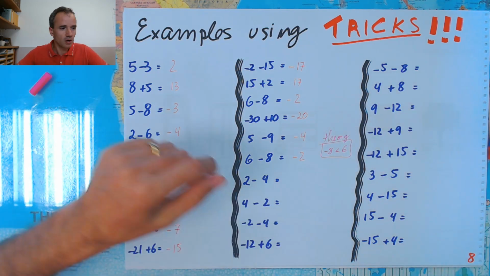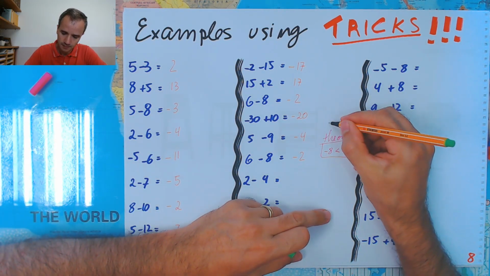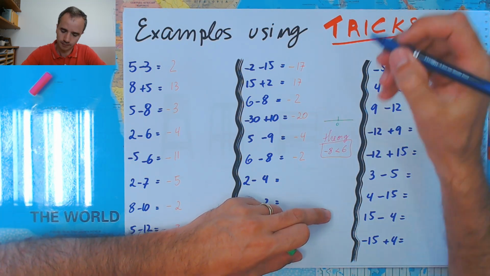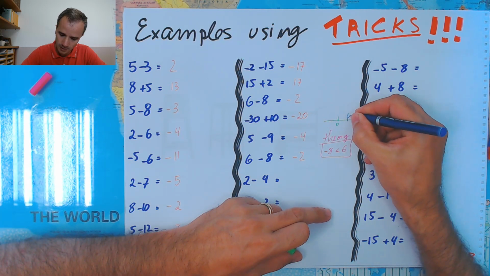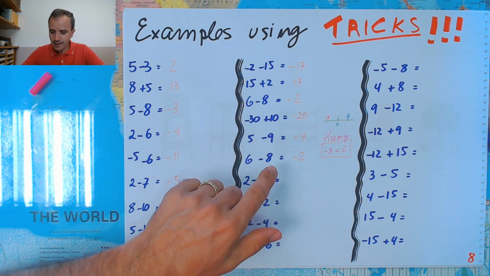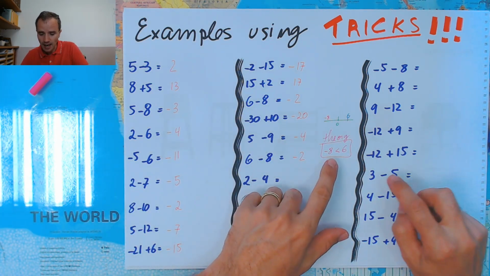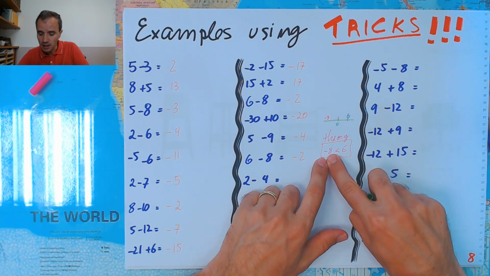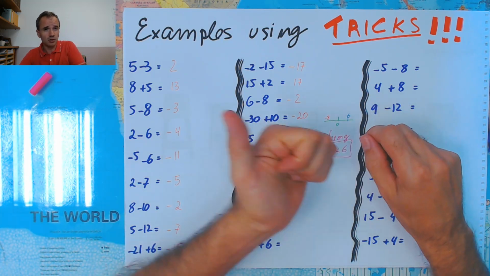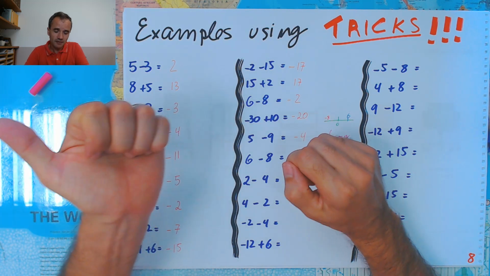If you look at the number line, this is 0, this is 6, this is minus 8. Because minus 8 is more to the left, it is smaller. Whenever the number is to the right, it is bigger. If the number is to the left, it is smaller.